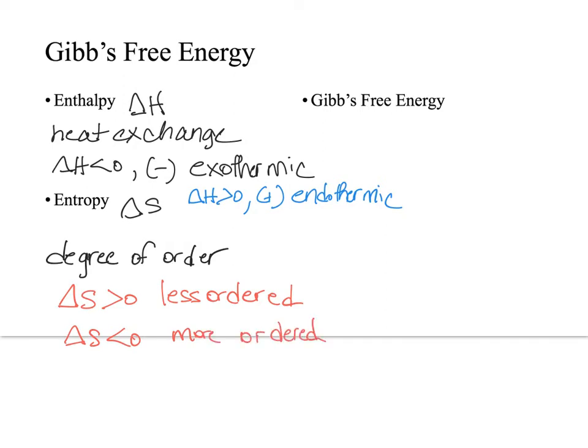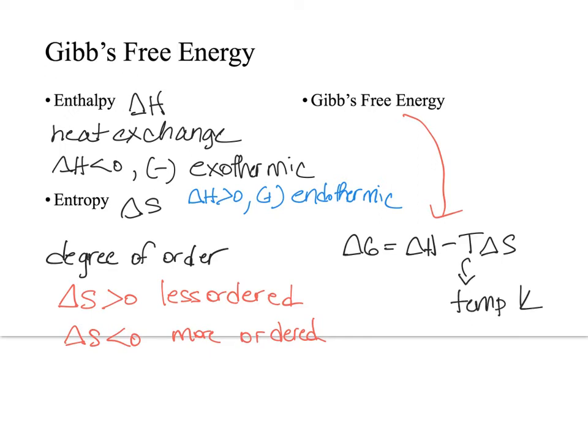So we relate these terms into this one equation for delta G. Delta G is equal to delta H minus T delta S. T is temperature in Kelvin. And enthalpy and entropy, because they're related to energy, will be in joules or kilojoules, 1,000 joules.